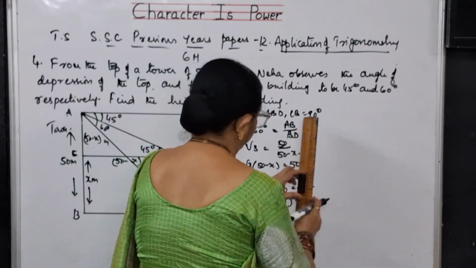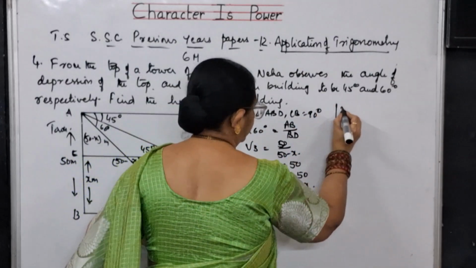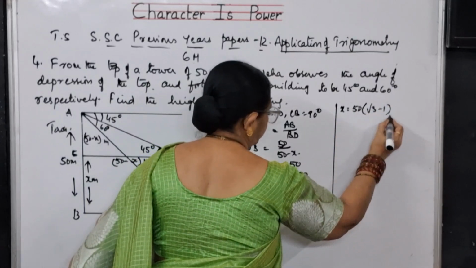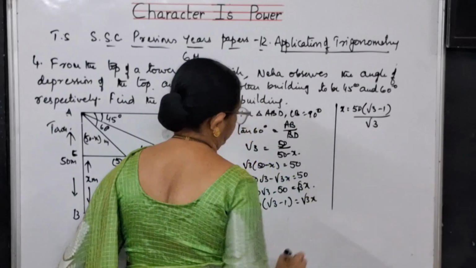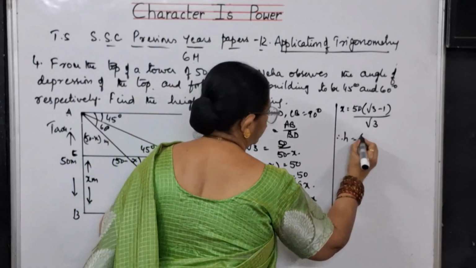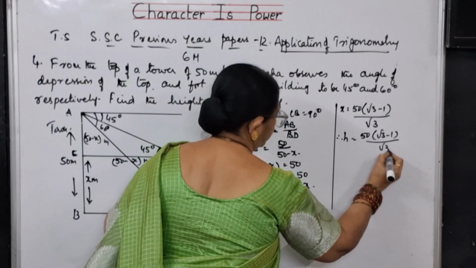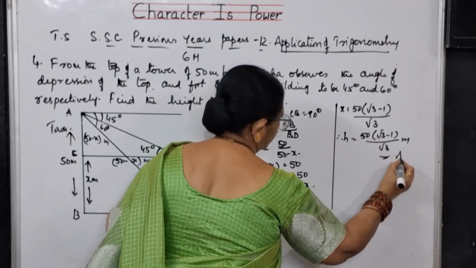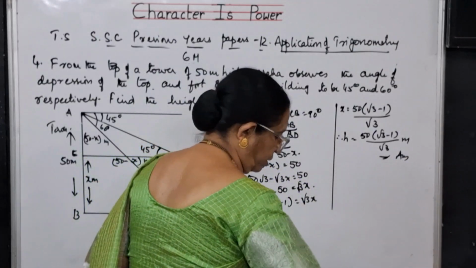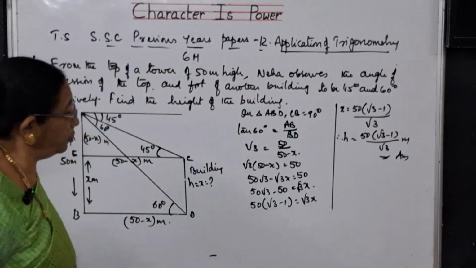So, what is x, children? X is equal to 50 into root 3 minus 1 by root 3. X is nothing but h. Therefore, h is equal to 50 into root 3 minus 1 by root 3 meters. This is the answer for this problem, children. Please copy it. This is fourth problem.